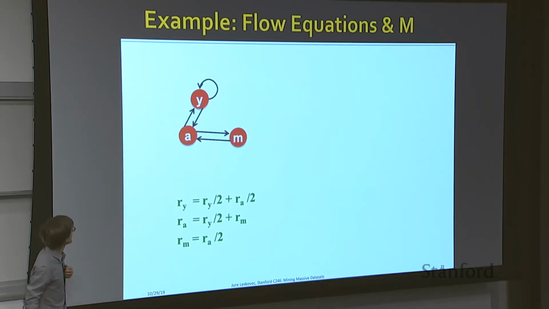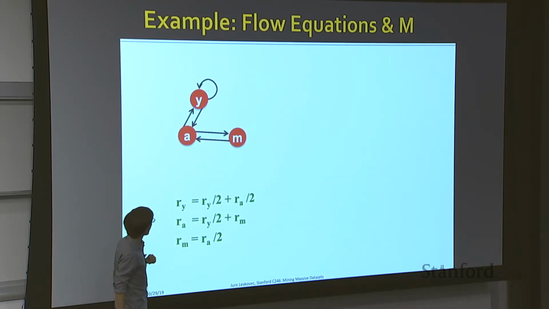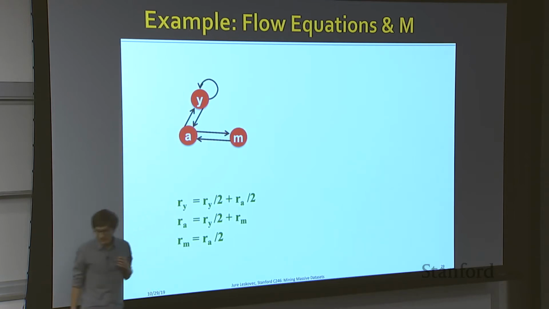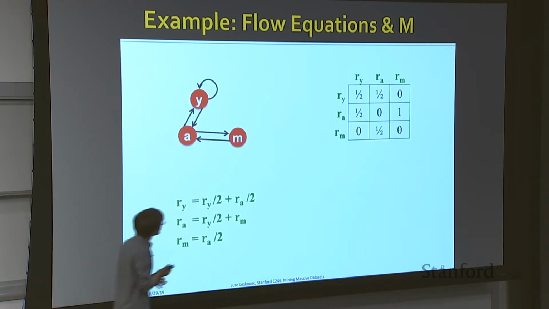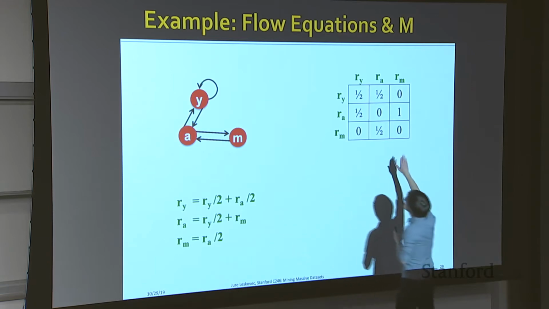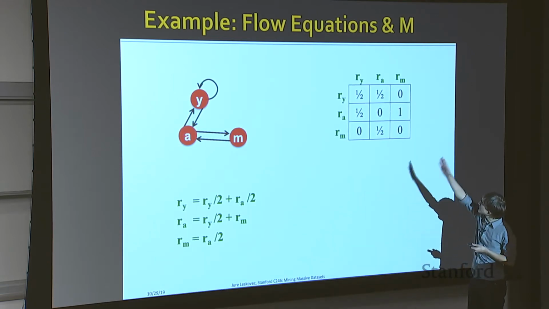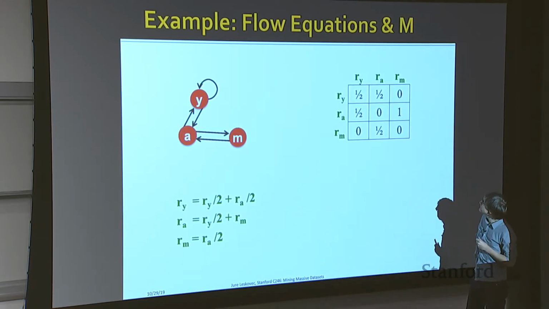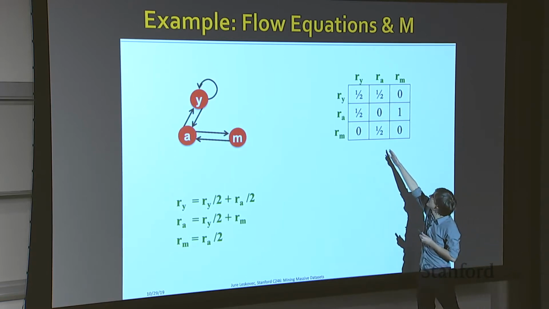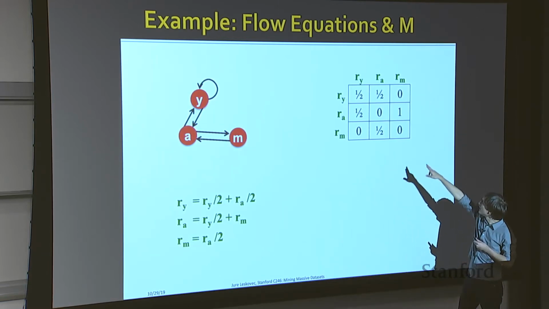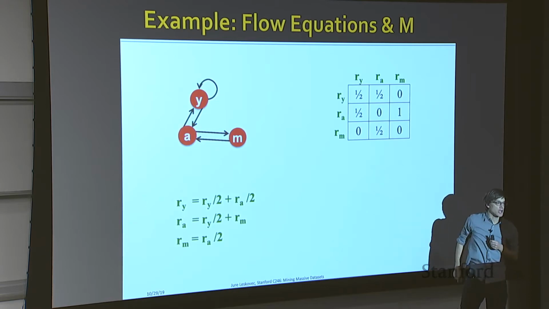So let me give you an example. Here's again the same graph that I had before. Here are my flow equations. And the way I could write this out is the following. Here is my matrix M. Notice that every column sums to 1, and that the entry ij is 1 over the out degree of j.